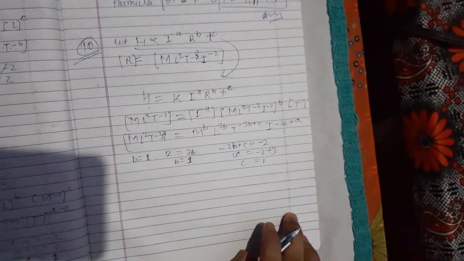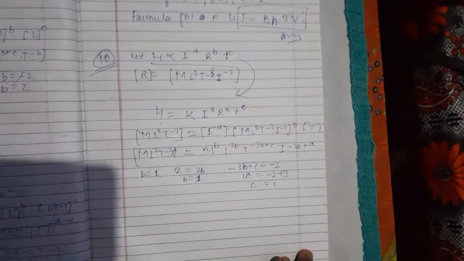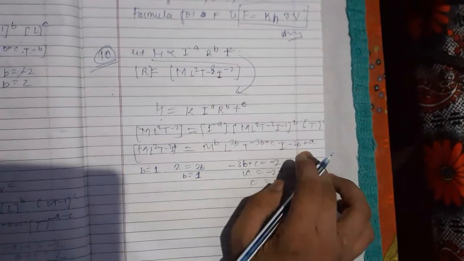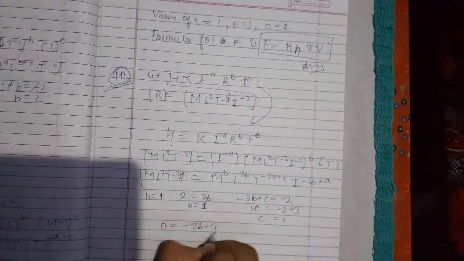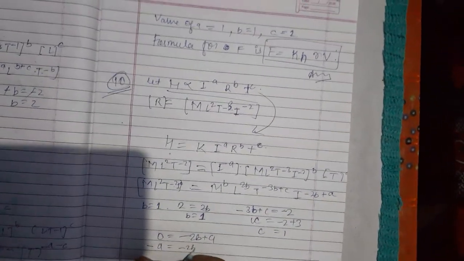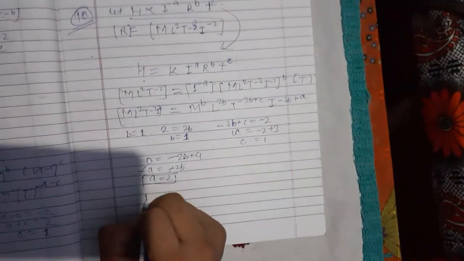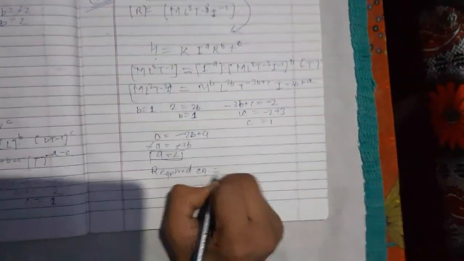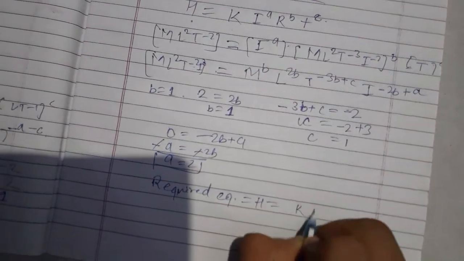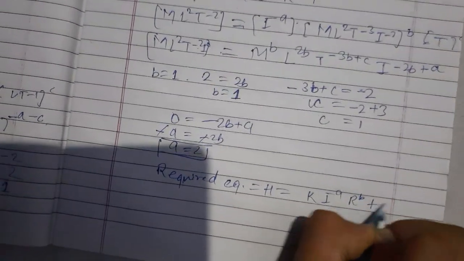That's it. So all have the same units except a. Here is the a. So 0 equals minus 2b plus a, so a equals 2b, so a equals 2. So the required equation of heat equals k I^a R^b t^c.